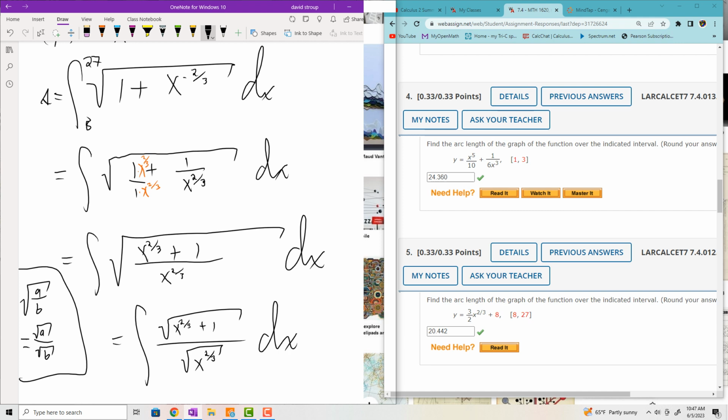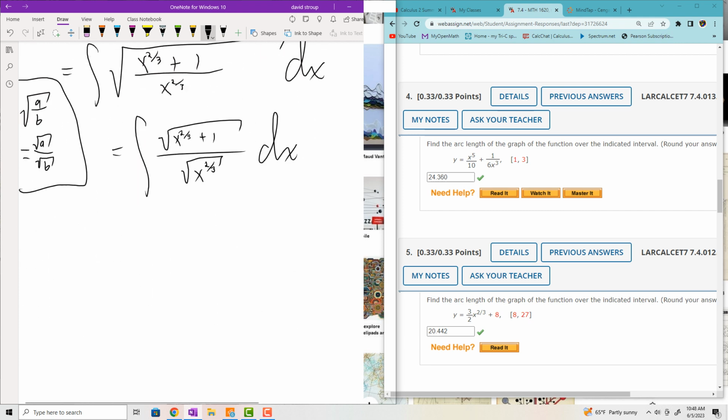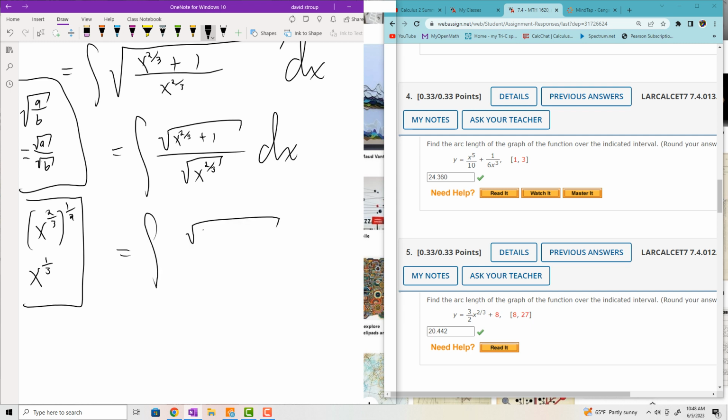The square root of x to the 2/3 is the same as raising it to the 1/2 power, and whenever you have that parentheses case with exponents, you multiply the exponents. So x to the 2/3 times 1/2 is just x to the 1/3. We can rewrite our integral as the square root of x to the 2/3 plus 1 all over x to the 1/3.